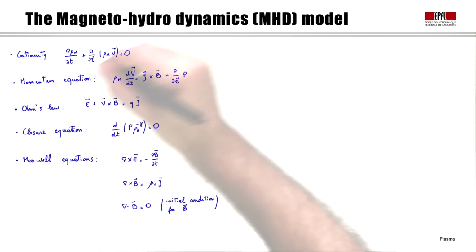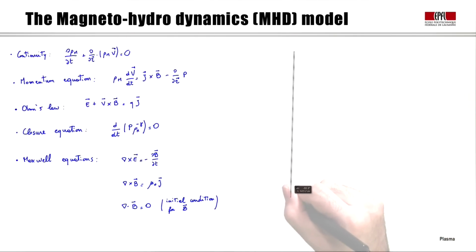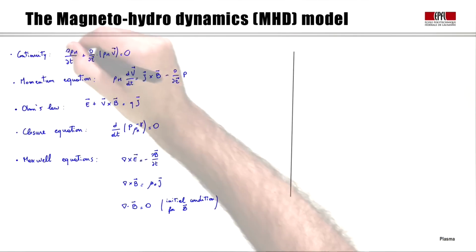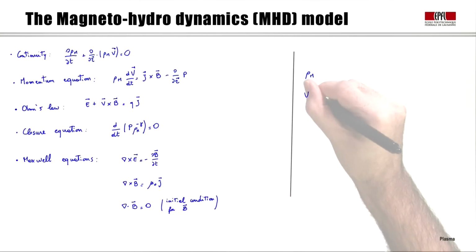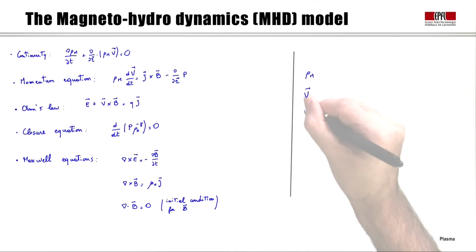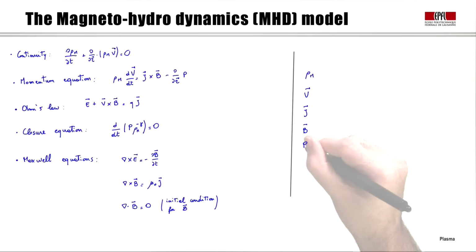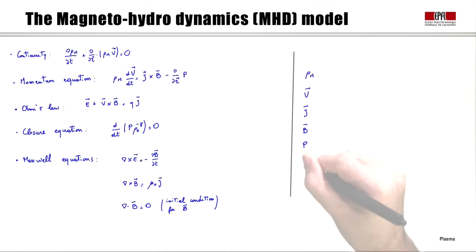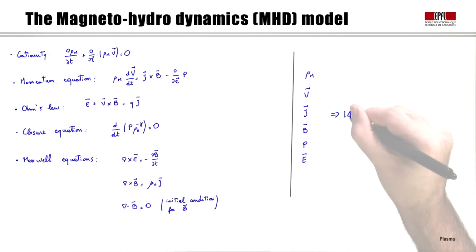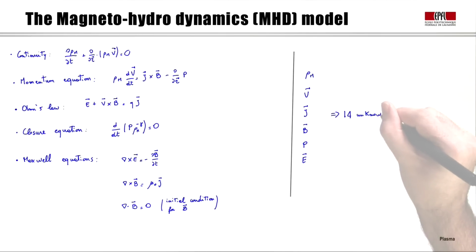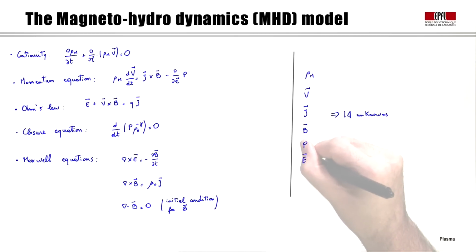Well, so how many equations and how many unknowns do we have? Let's try to summarize. The unknowns are rho m, v, J, B, pressure, and the electric field. 14, if we count, 14 unknowns: one plus 3 plus 3 plus 3 plus 1 plus 3.